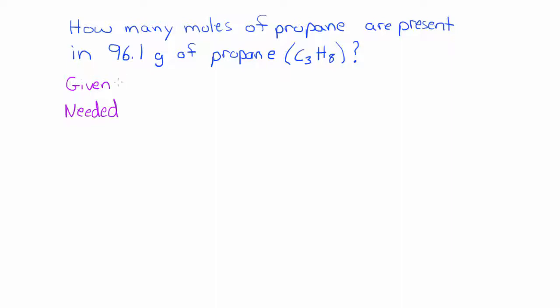So first thing we need to do, of course, is figure out what is given in the question and what information is needed. So when you read this, how many moles of propane, that means we need moles of propane.